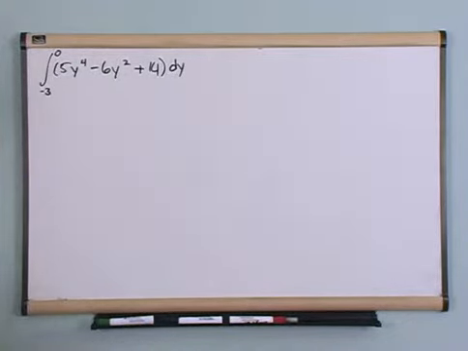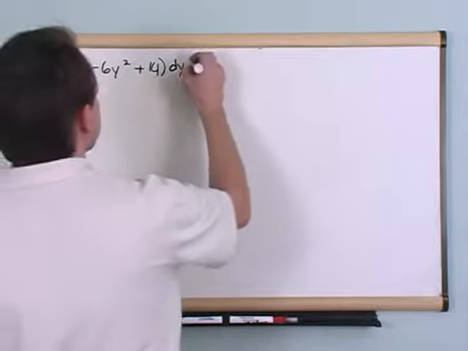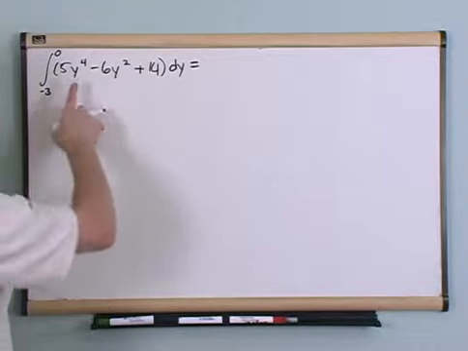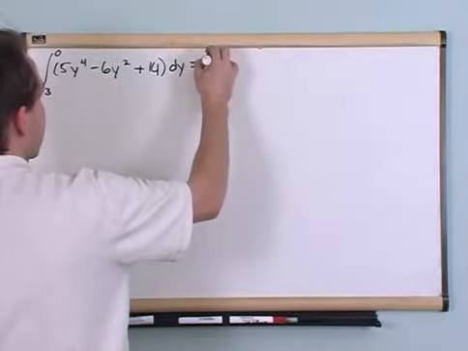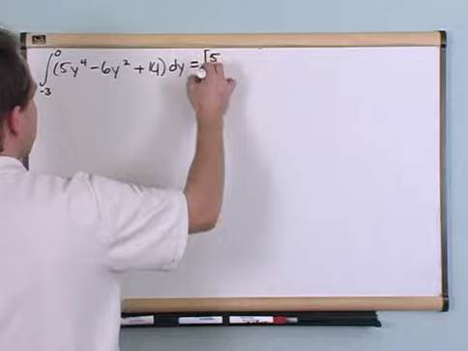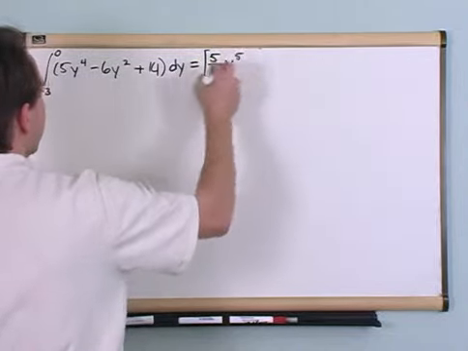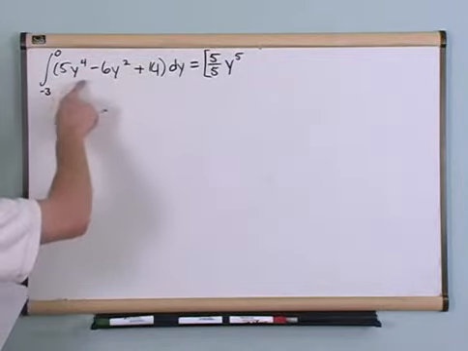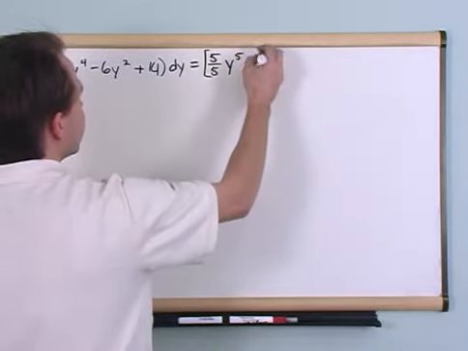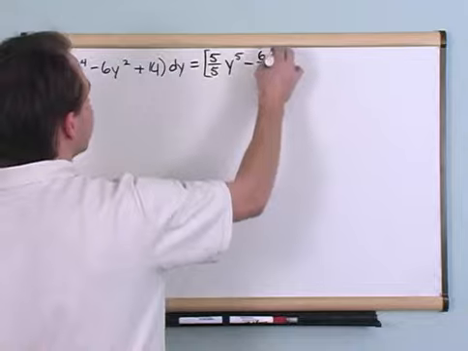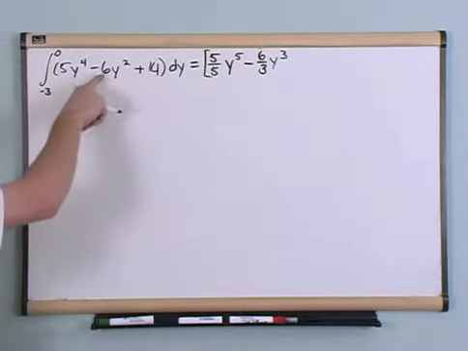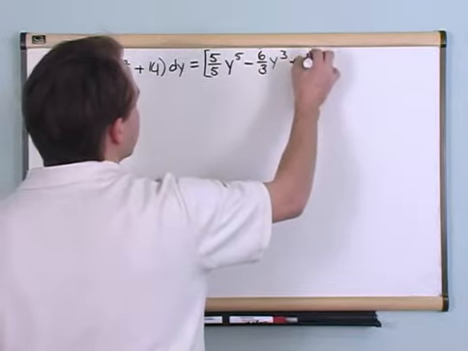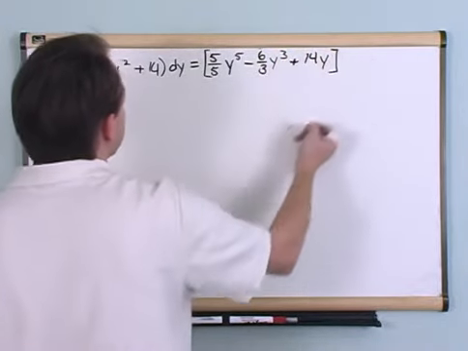Okay. So in order to do this, let's go ahead and integrate this. You should remember from that other property, hopefully through these examples, what you're going to have is 5 over 5 y to the 5th power, okay? 4 plus 1 is 5, y to the 5th power, minus 6 over 3 y to the 3rd. 2 plus 1 is 3, so I've got 6 over 3, and I've got y to the 3rd, plus 14y, okay?